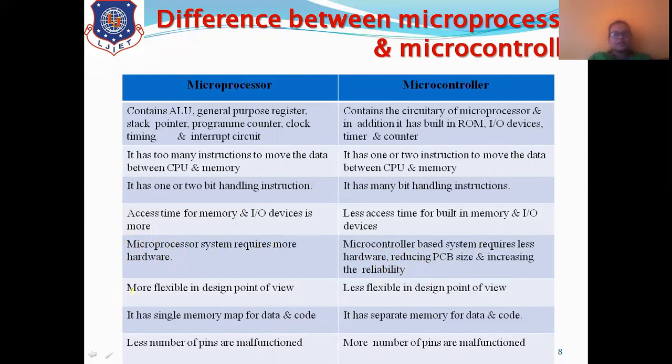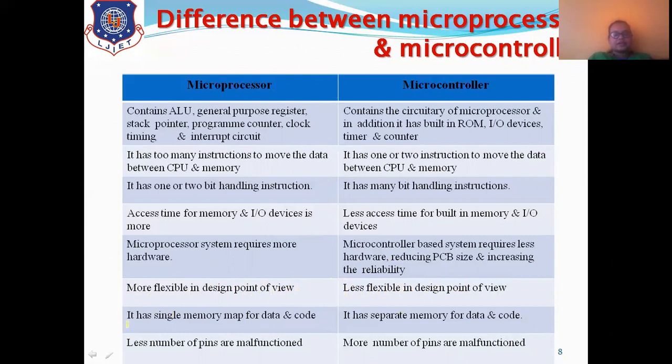Clear? Then next, a processor based system is more flexible from a designing point of view, as the user can design with flexibility, right? Whereas in a microcontroller, all the peripherals as well as the microprocessor are inbuilt on a single chip, so it is less flexible from the user point of view, right?